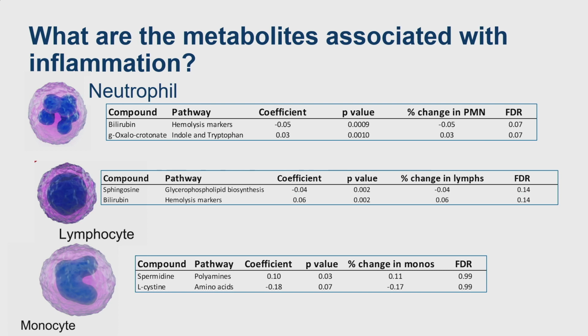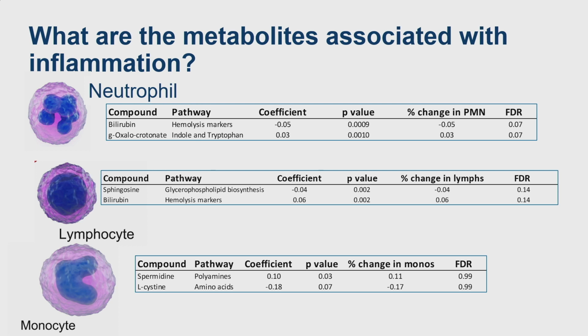What about subtypes of inflammation? We looked at whether the metabolome tracks with neutrophilic inflammation, lymphocytic inflammation, or monocytic inflammation. If you look at those p-values and FDR, the only one I'll focus on is the neutrophilic inflammation.